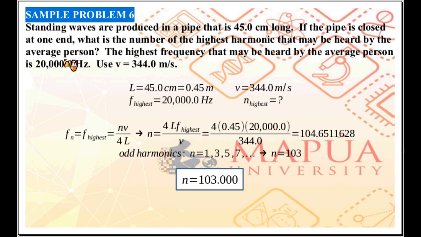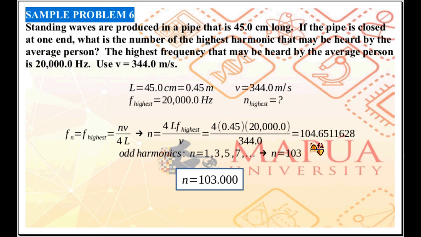Now for the stopped pipe case, pipe closed at one end, you have odd harmonics, meaning n is equal to 1, 3, 5, 7, and so on. Odd integers greater than 0. Odd number, that means the n that we calculated, n is equal to 104.6511628, is not allowed because the allowed harmonic number for odd harmonics should be an odd number.